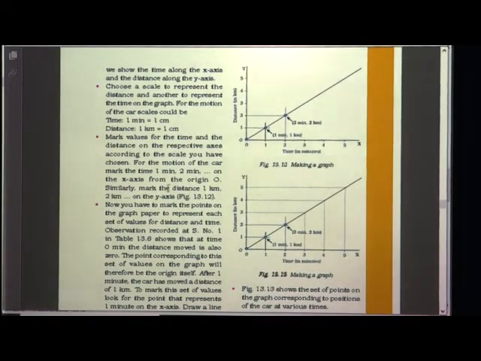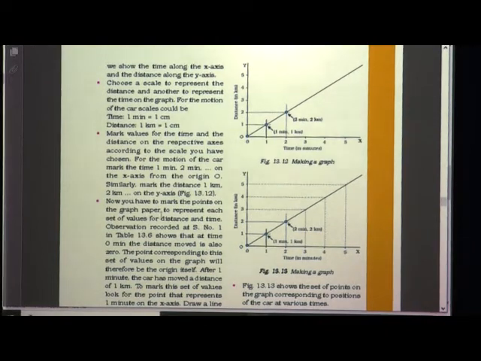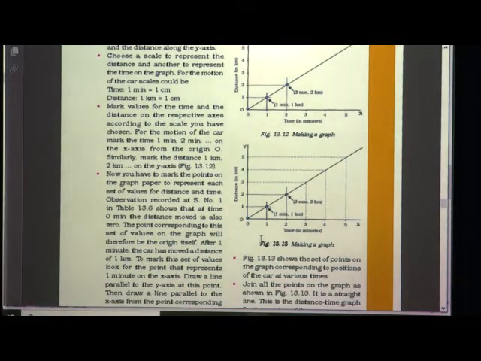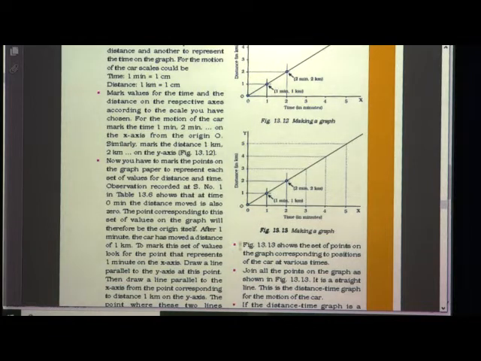Then you have to mark the points on the graph paper to represent each set of values for distance. Here the distance of 1 kilometer is also marked on the y axis.